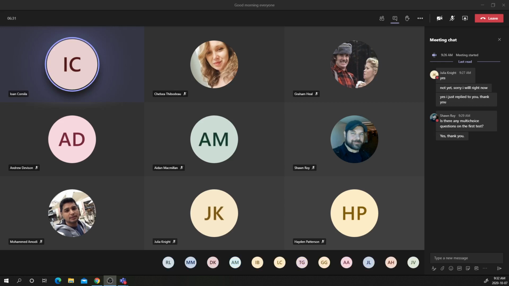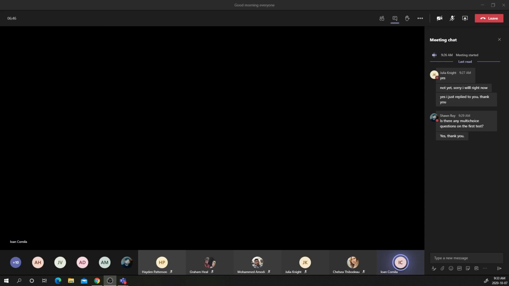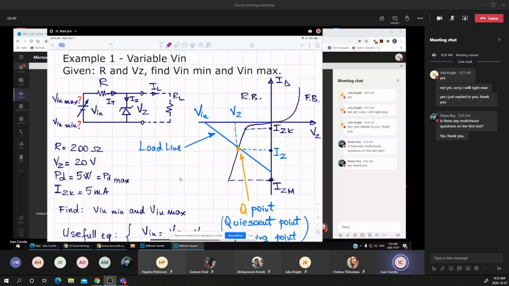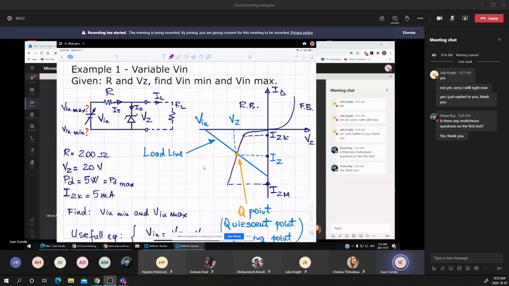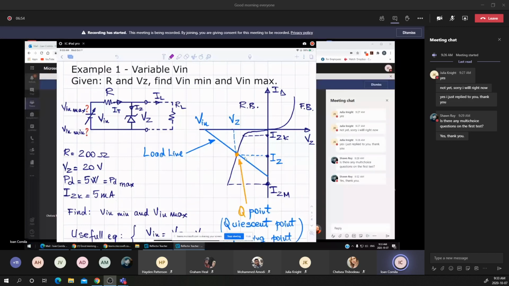Okay, perfect. Now I will share my screen with you, and as I mentioned yesterday, I'll do some in-class examples. Make sure you have a piece of paper or something to make some extra notes. This is the basic circuit that has a Zener diode.